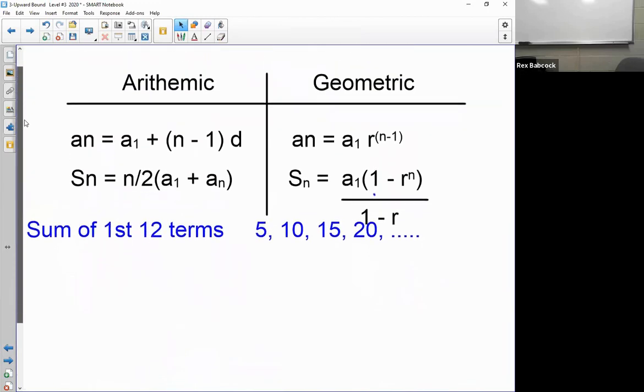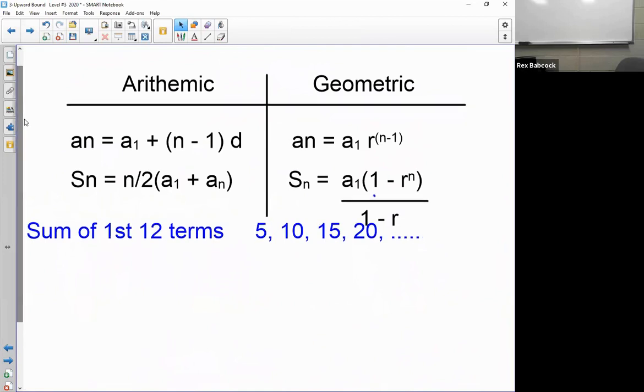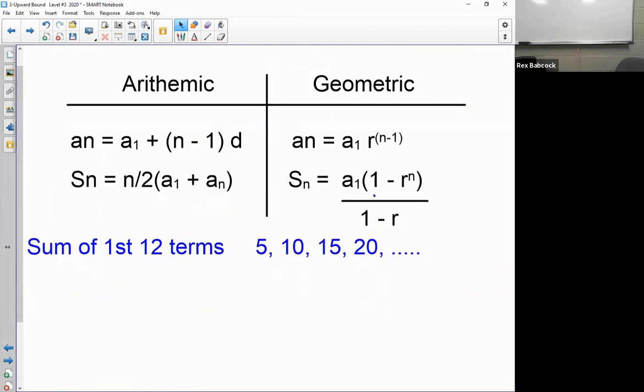What's the sum of the first 12 terms of this series? Well, first off, I'm hoping that it's either arithmetic or geometric, one of the two. So I start looking at it. If it's arithmetic, I think, what do I add? I add 5. What is it? I add 5. What is it? Well, it turned out again, it is arithmetic.